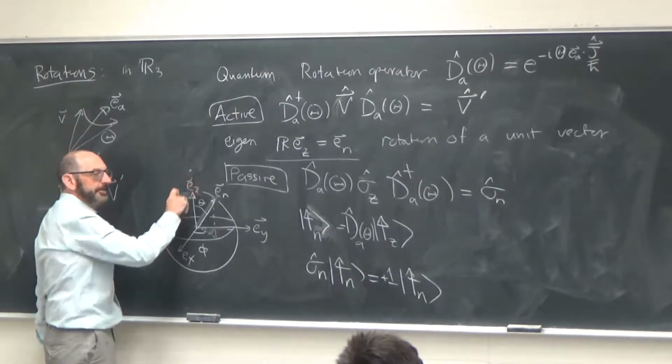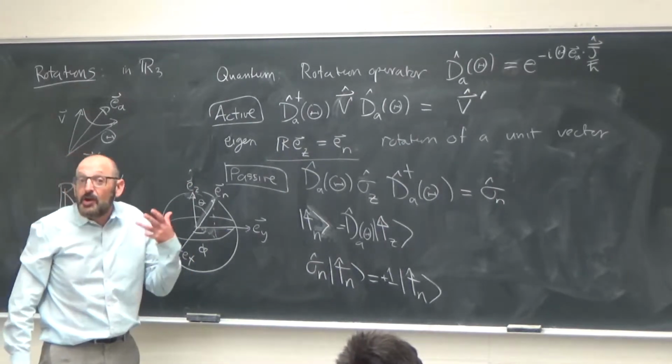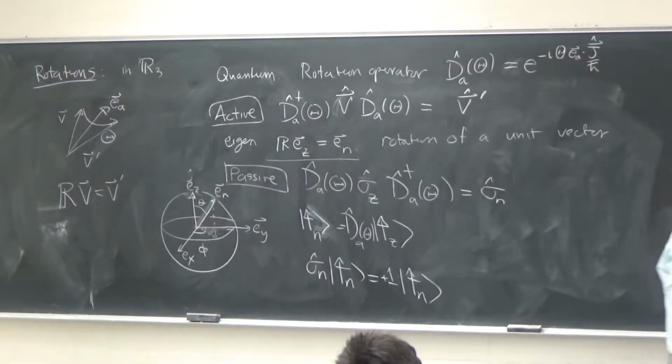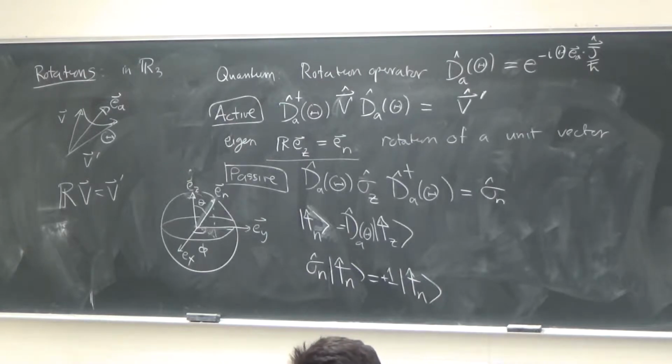Because spin up along z and spin down along z together form a basis. So any state in Hilbert space, pure state, can be expressed as a superposition of those. And we can see that through this rotation.